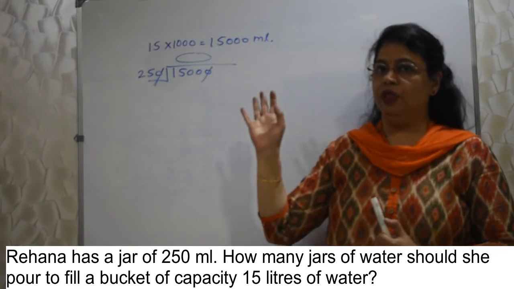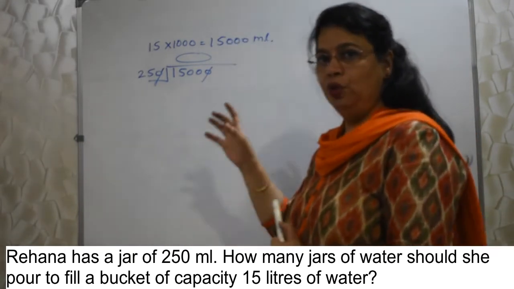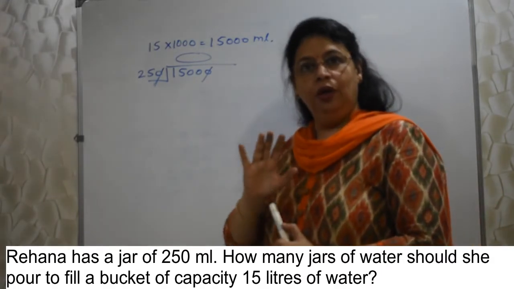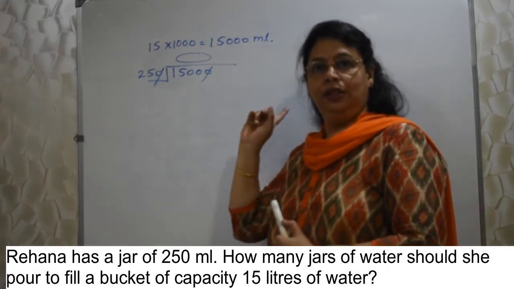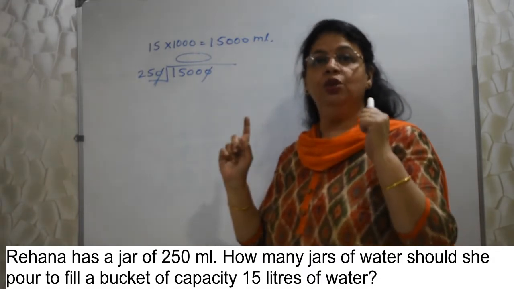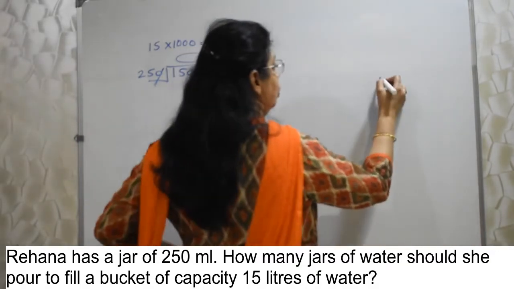If this kind of sum is asked, then I will give you certain relations. You can pause the video, write down this relation which I'll be giving you now, because it is very important. Okay? See, relation with 1000.